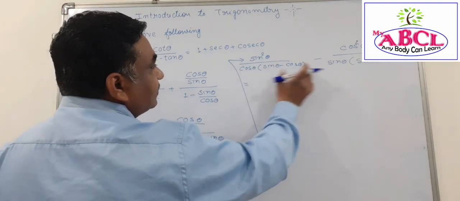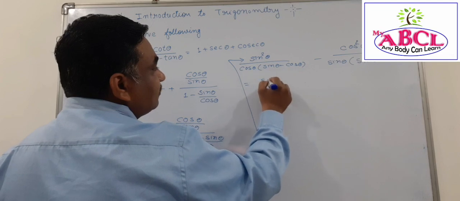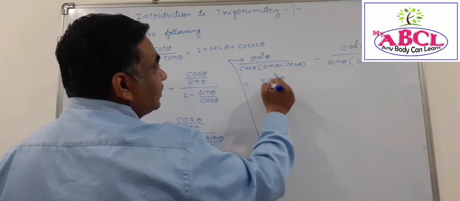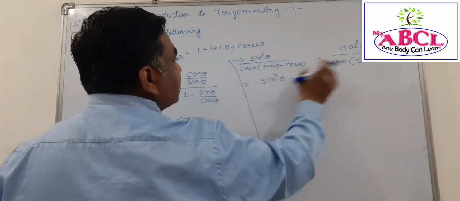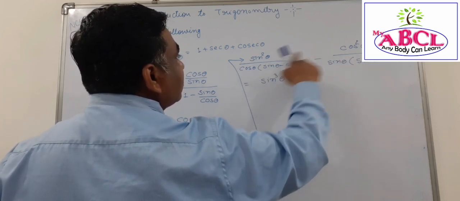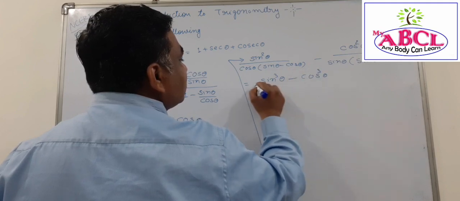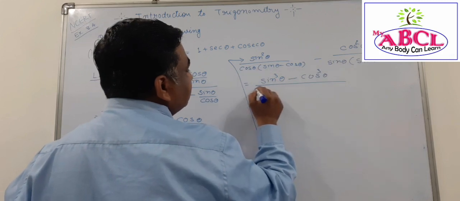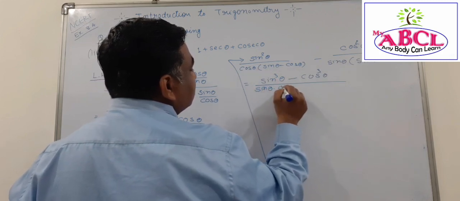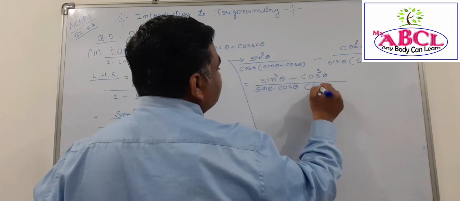So what will happen? This sin will multiply over here, so this will become sin cube theta, minus cos square into cos, so it will become cos cube theta in the numerator. I can write the denominator like this, sin theta into cos theta, this is my LCM, into sin theta minus cos theta.